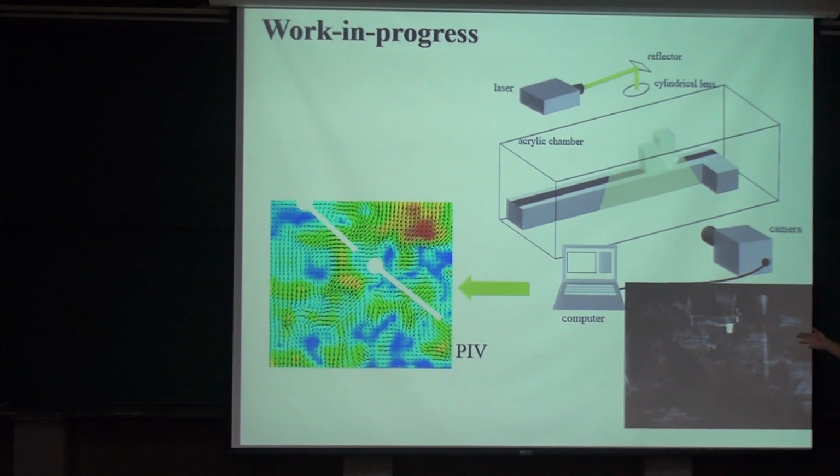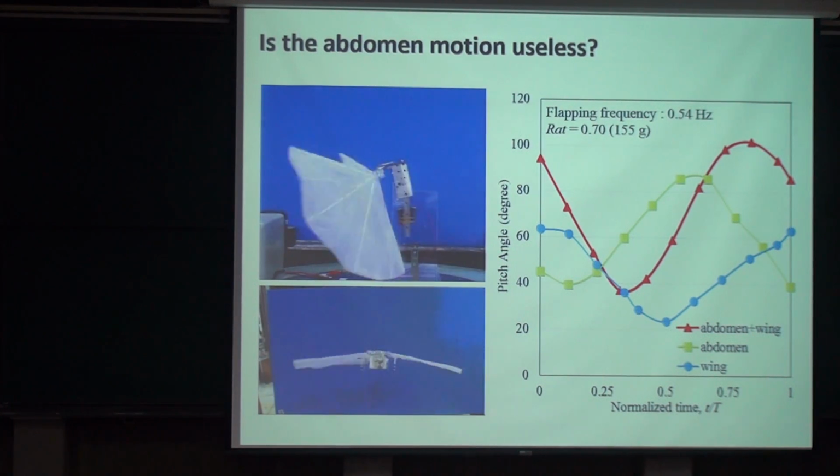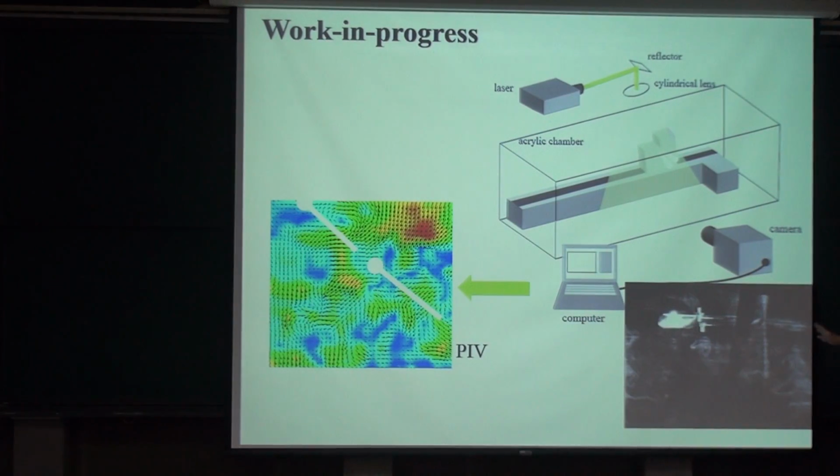Why bother to design two wings instead of one wing? Must be something very interesting here. That's work in progress. And both of these two master students will graduate in June. Hope we can have complete results to show, maybe show you on the tennis court.